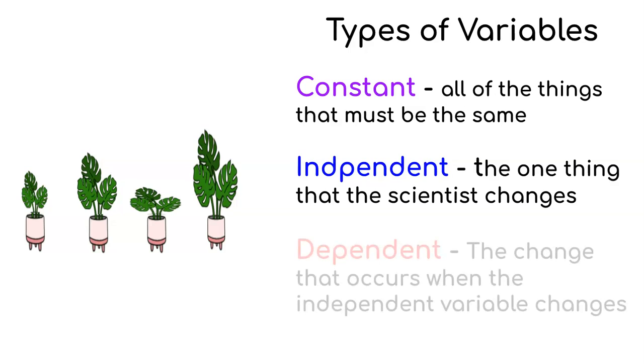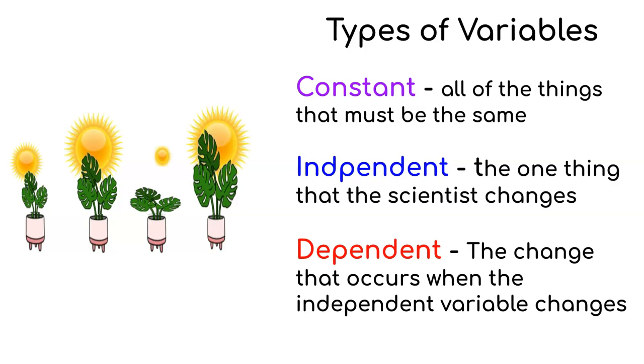There's three types of variables you need to remember. The constant variable, that's all of the things that must be the same in an experiment. The independent variable is the one thing that the scientist changes to make different outcomes for what she is testing. The dependent variable is the change that occurs when the independent variable changes.